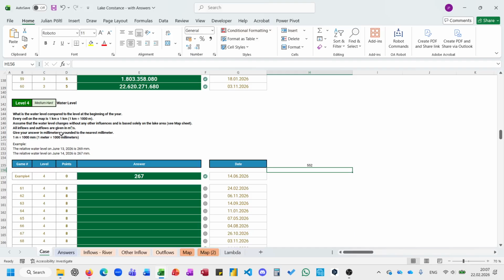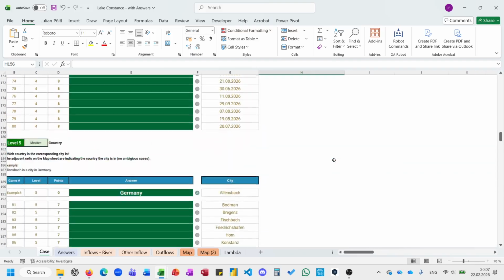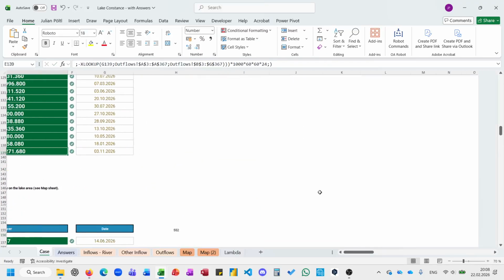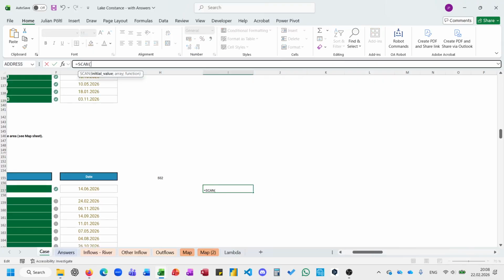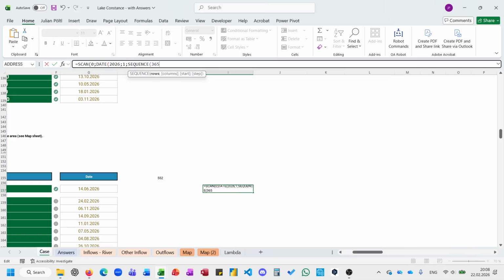And so basically you calculate the volume here on a running basis. So what I did was using a SCAN function. SCAN 0, and then your scan is date 2026 month and a sequence of 365 days.